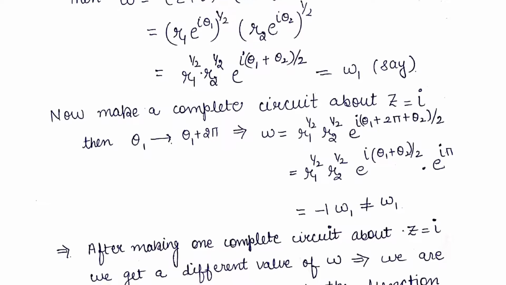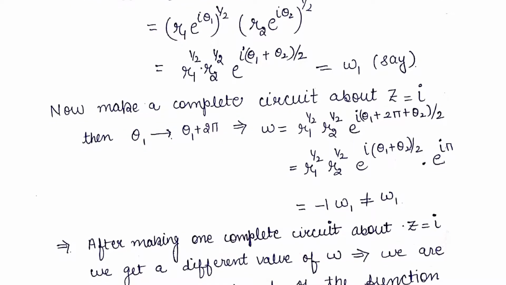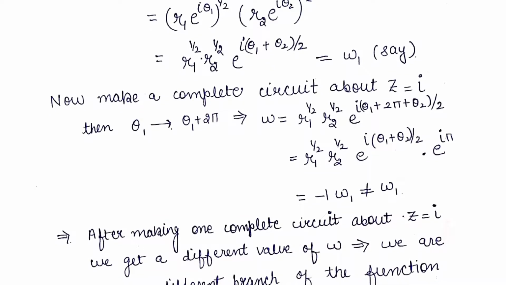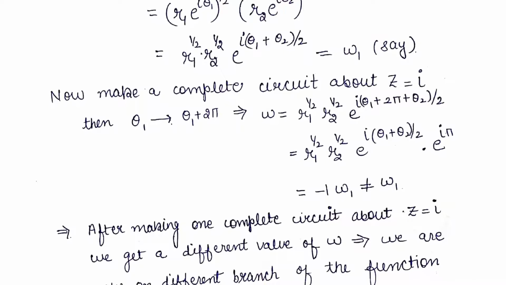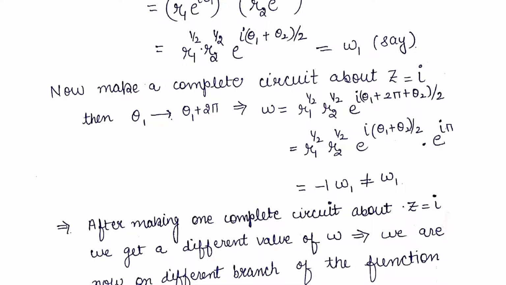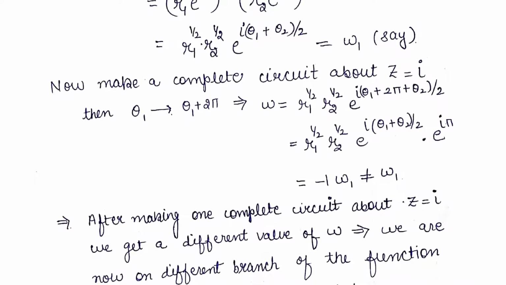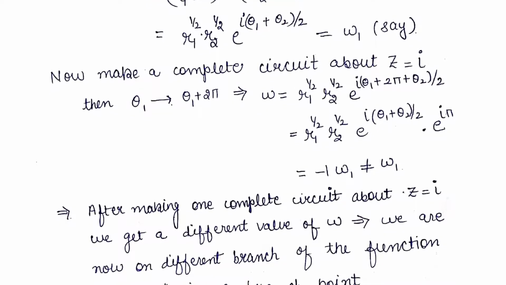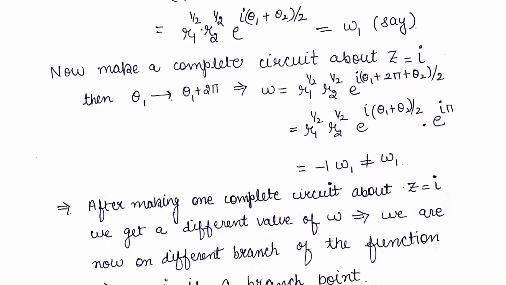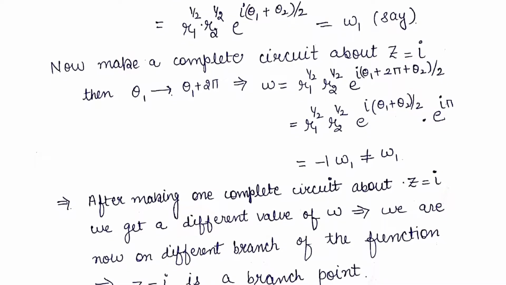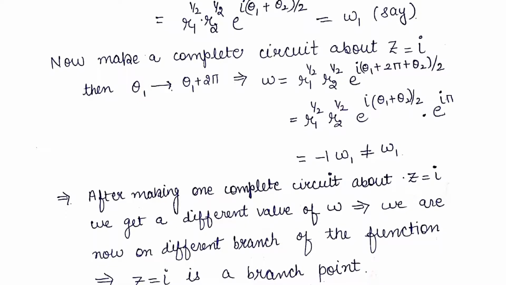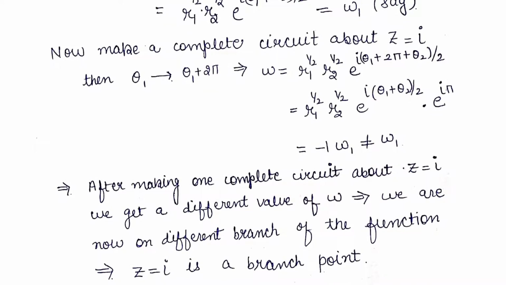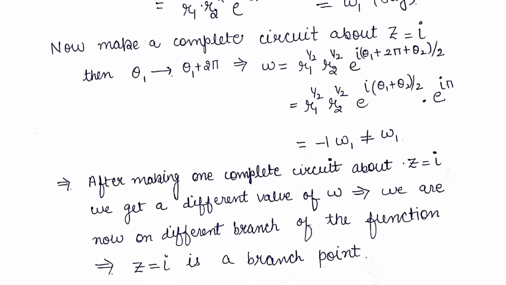And when we evaluate using the fact that e raised to iota pi is minus 1, we get w is equal to minus w1. So this is not equal to w1. So this implies that after making one complete circuit about z is equal to iota, we get a different value of w. That means we are on a different branch of the multi-valued function. This implies that this point z is equal to iota is a branch point.